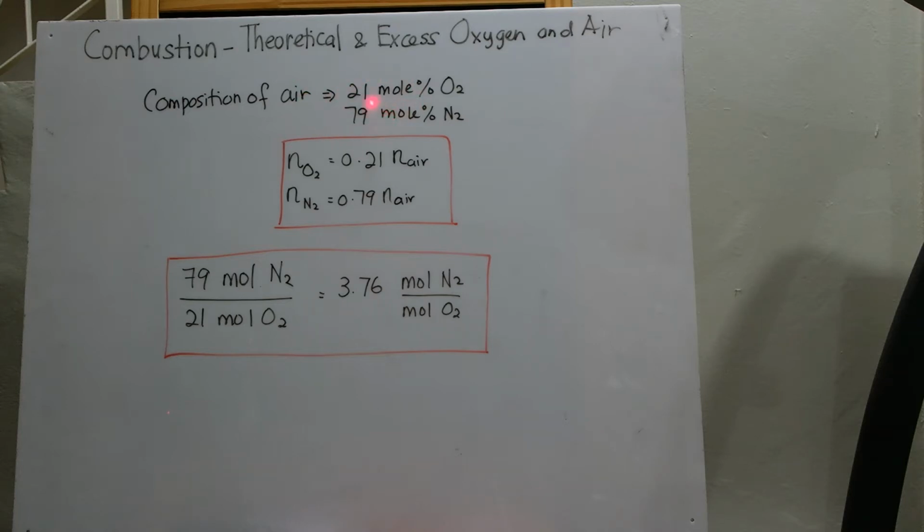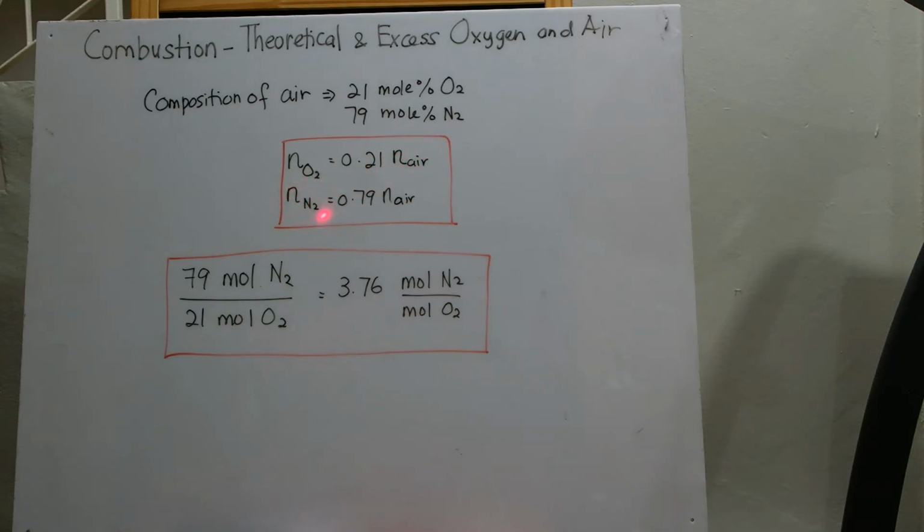This relationship between O2, N2 and air can be written like this. Number of moles of O2 is equal to 0.21 times the number of moles of air.